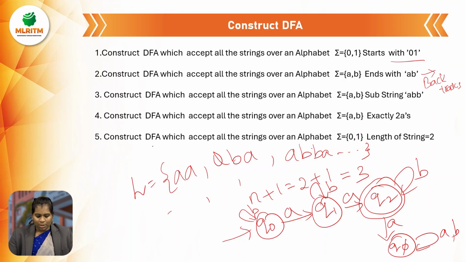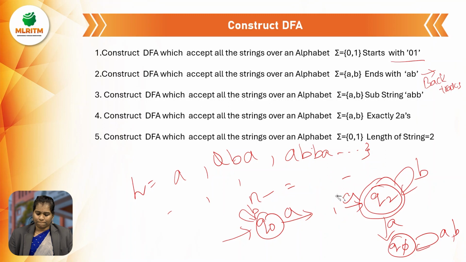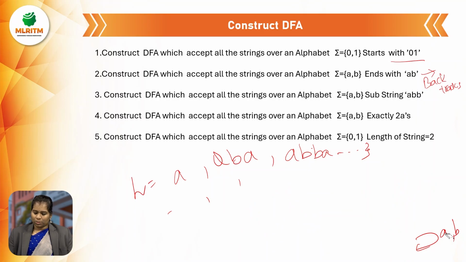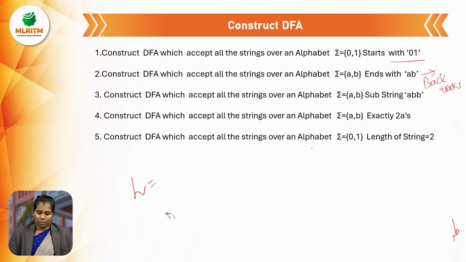The next one: construct a DFA which accepts all the strings over the alphabet Sigma equal to {0, 1}, where the length of the string is 2. First we need to write the strings.